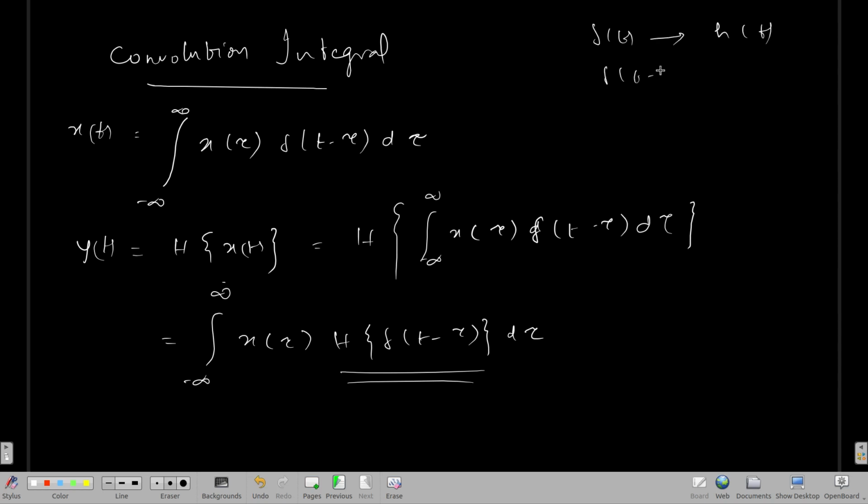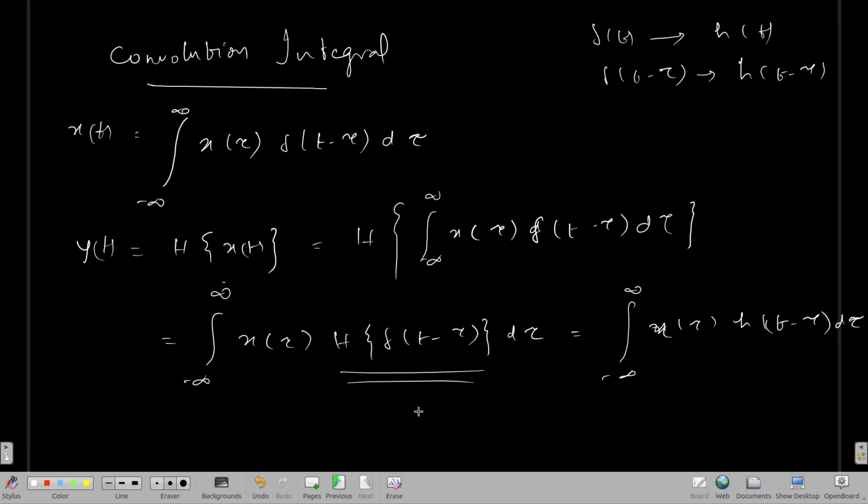So if we give delta of t minus tau, what do we get? We get h of t minus tau. Simple. So this is equal to the integral from minus infinity to infinity of x of tau h of t minus tau d tau.